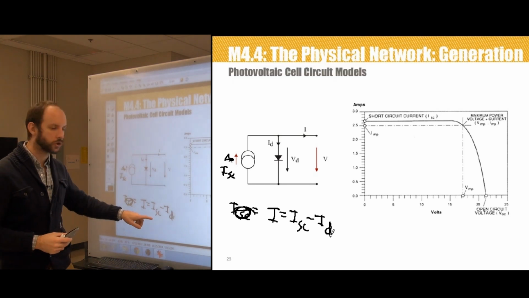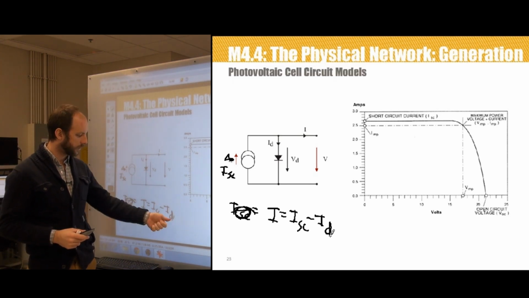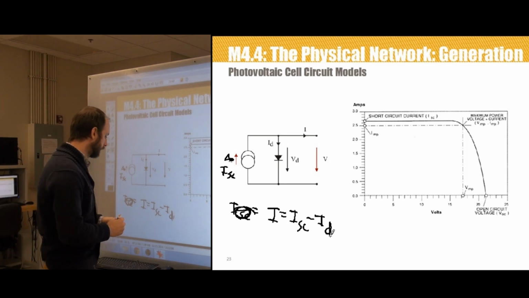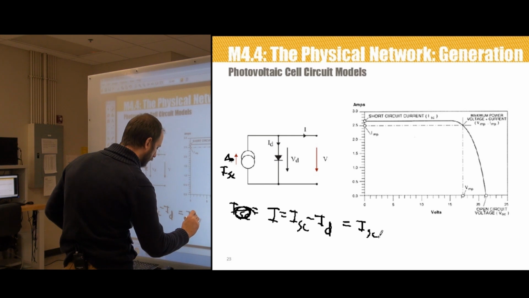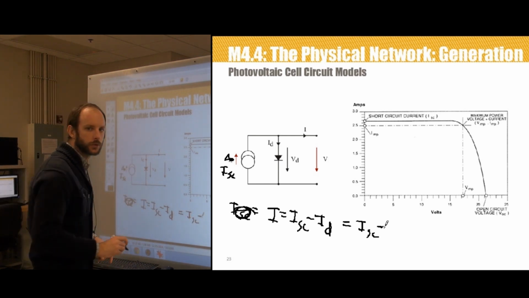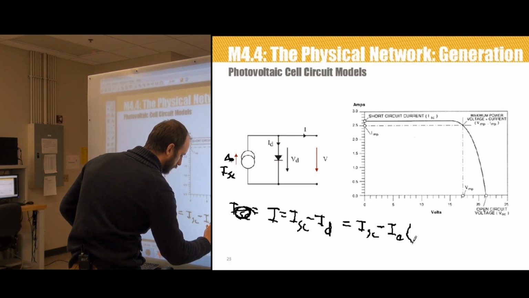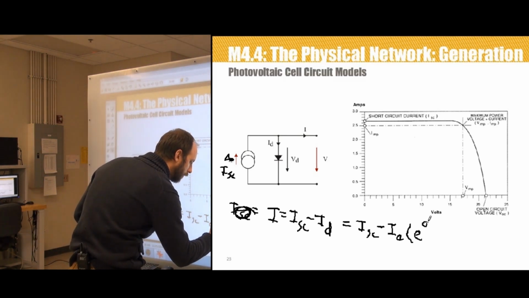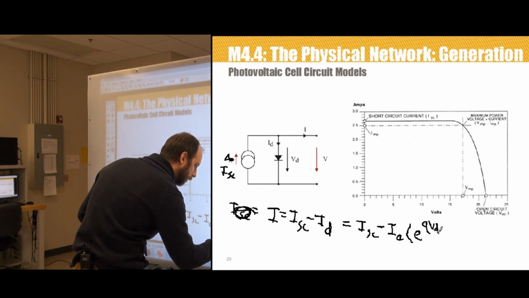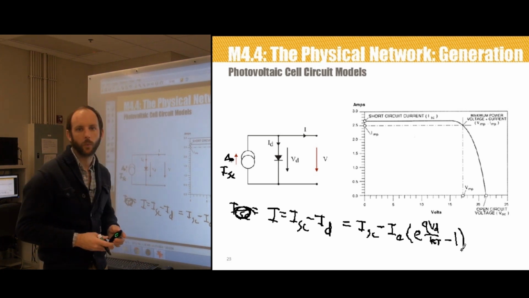We can substitute the Shockley equation into the KCL because ID is a diode current, so we get I equal to ISC minus the Shockley equation, which is I0 times e to the QVD over KT, minus 1.